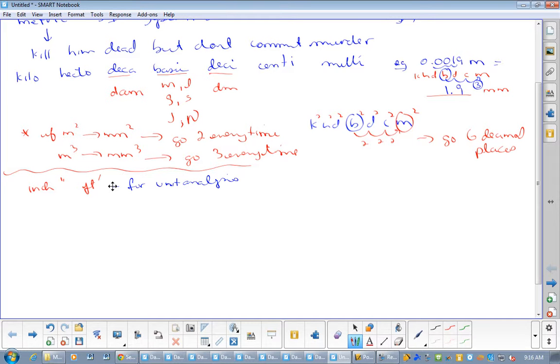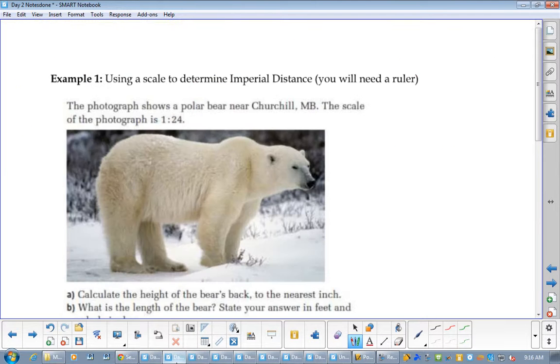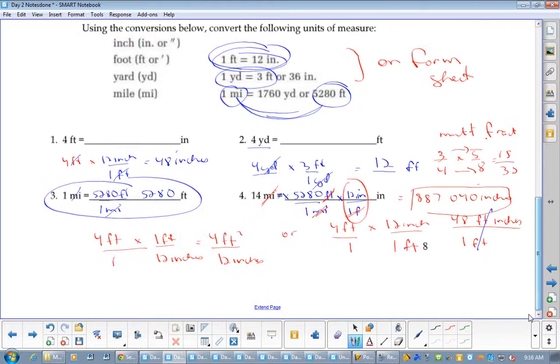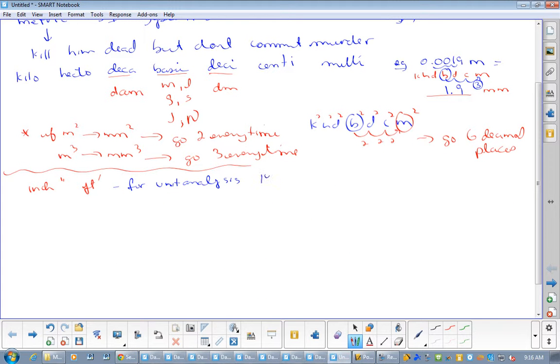So we want to go 14 miles, and we want to end up with inches. Okay, and then we get out our formula sheet.